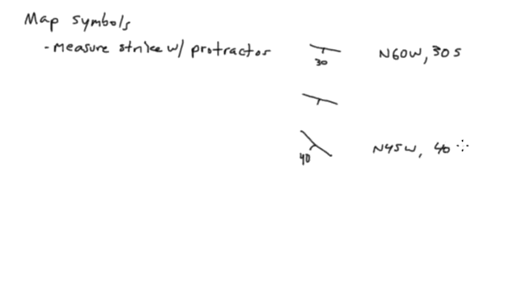It'd be fine to write southwest here, or 40 south would be fine, or 40 west would be fine. These all indicate the same thing. They indicate it's not that, that would be northeast.